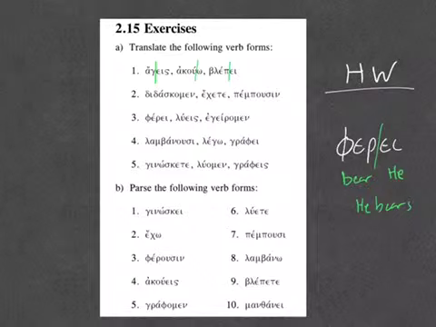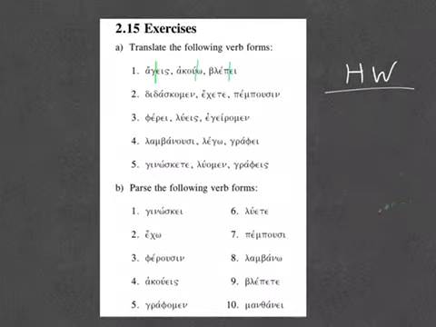So yeah. And so if you were to look at lueis, you can put that little dividing line under, because we know luo. Take the omega off, lu, and now we're attaching eis at the end. So what is that? Lu is the lexical morpheme. Eis is the person number suffix.